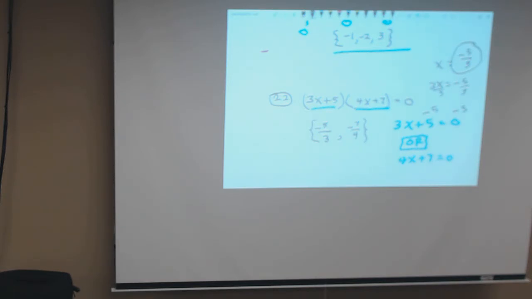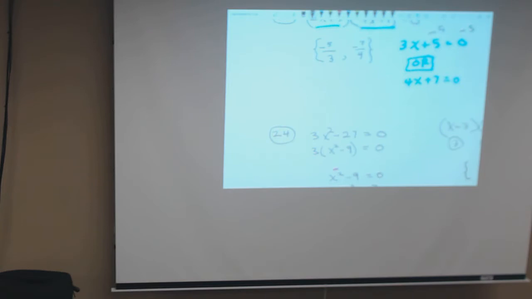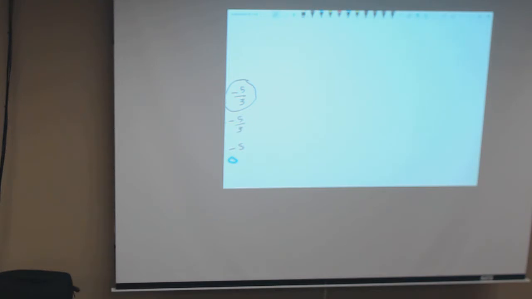So what's the rest of them? Oh, I suppose we ought to work number 23. Now, if you were going to work number 23, x squared minus 16 is 0.